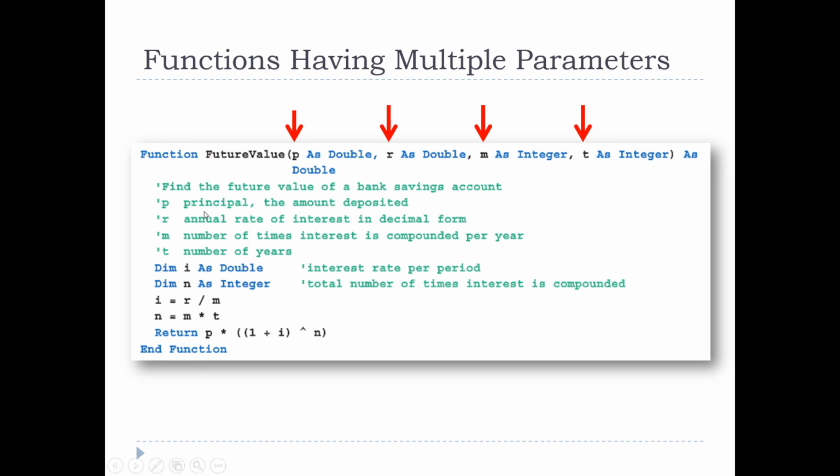This is really kind of bad, the way they're named here, because it's confusing. What is P? What is R, T, right? That's why down here you have to explain again. P is for principal, R is for annual rate, and so on. It would be nice to just say principal, annual rate, number of times, number of years. Then you don't have to comment in here. It's understood.